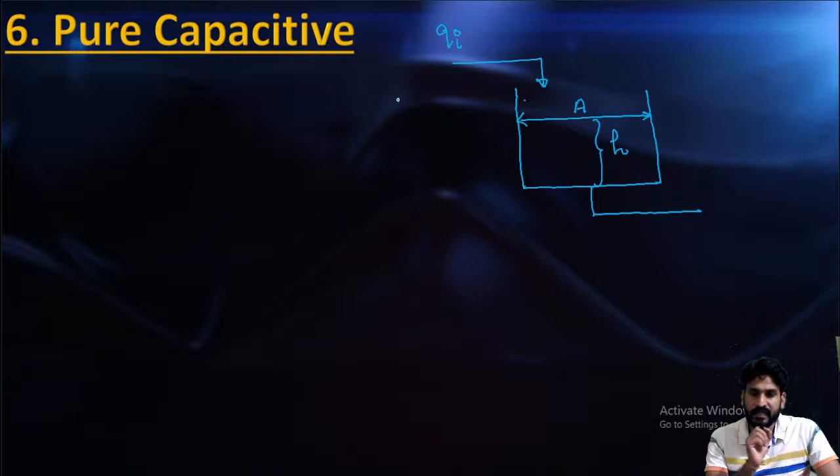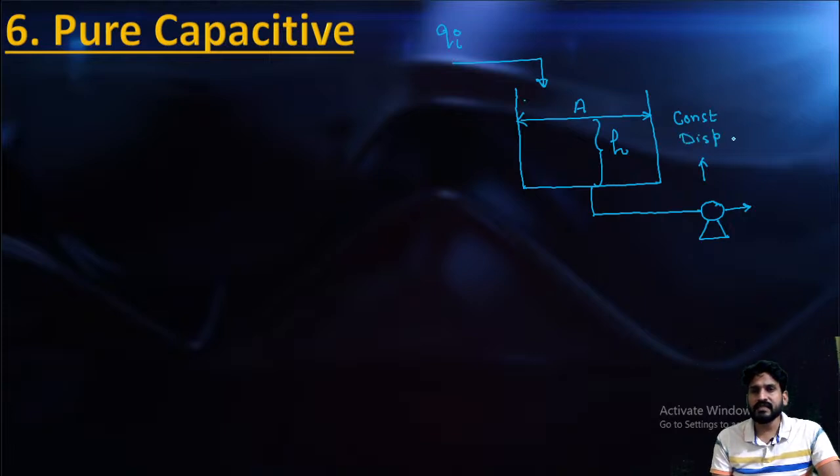Now just try to understand it. From this tank I want a constant flow rate, meaning my output flow rate must be constant. For that purpose we have installed a pump, and this pump is basically a constant displacement pump, or you can say a constant discharge pump.